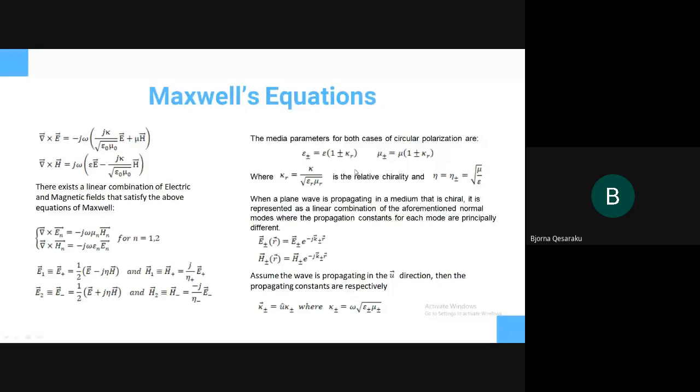To cut it short, this is the relative chirality that is used, and that's why it is used in this form here. These are the phasor notations of the right-hand and left-hand rotating polarized waves, and here we have the propagation constant.